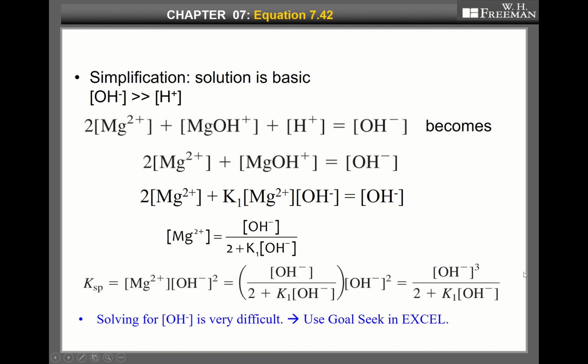Ksp is known, and K1 is also known, but this is seemingly quite a simple equation. It's not very simple to solve because it is a cubic equation, not a quadratic equation. The analytical solution is very complicated.